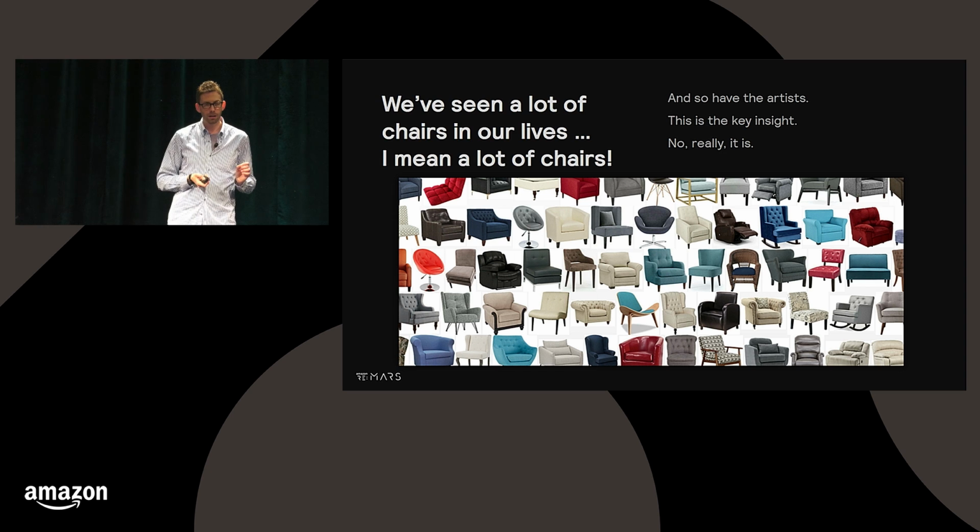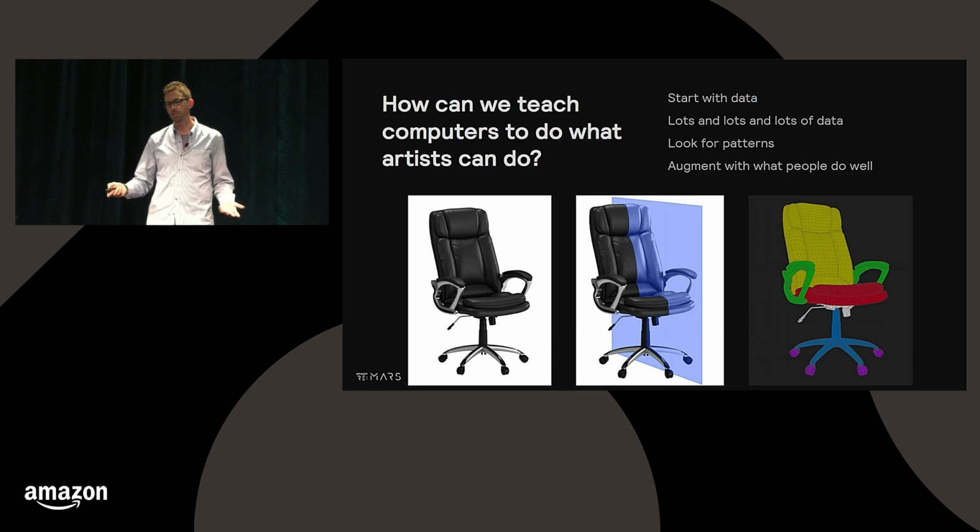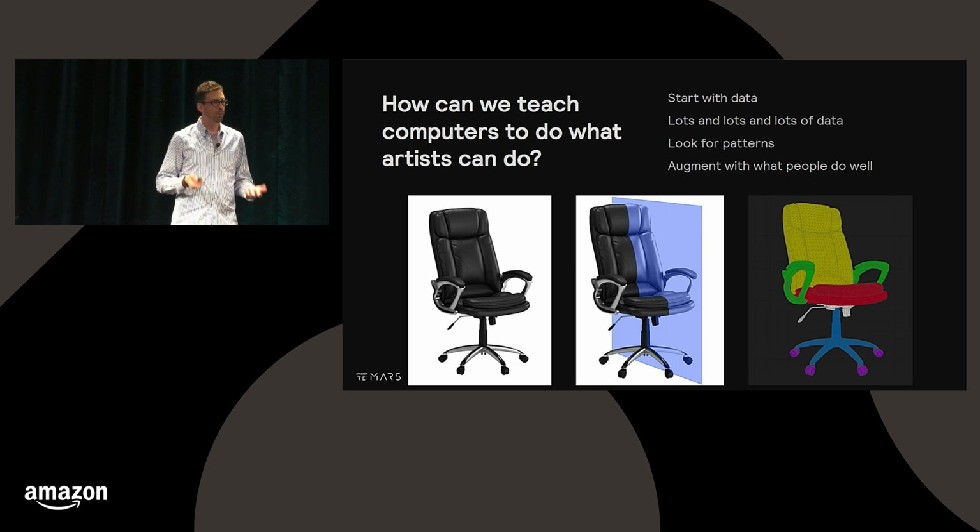So if we have this idea of there being a world of chairs out there, the next question is how do we start to teach computers about this idea of inherent chairness, of what it is that you should expect to find when you're running your computer vision system, so that you know you're on the right track of creating a chair, so you don't end up with just a blob on the floor. You expected to find a chair, this is what a chair should be, what data supports this notion that we found a chair.